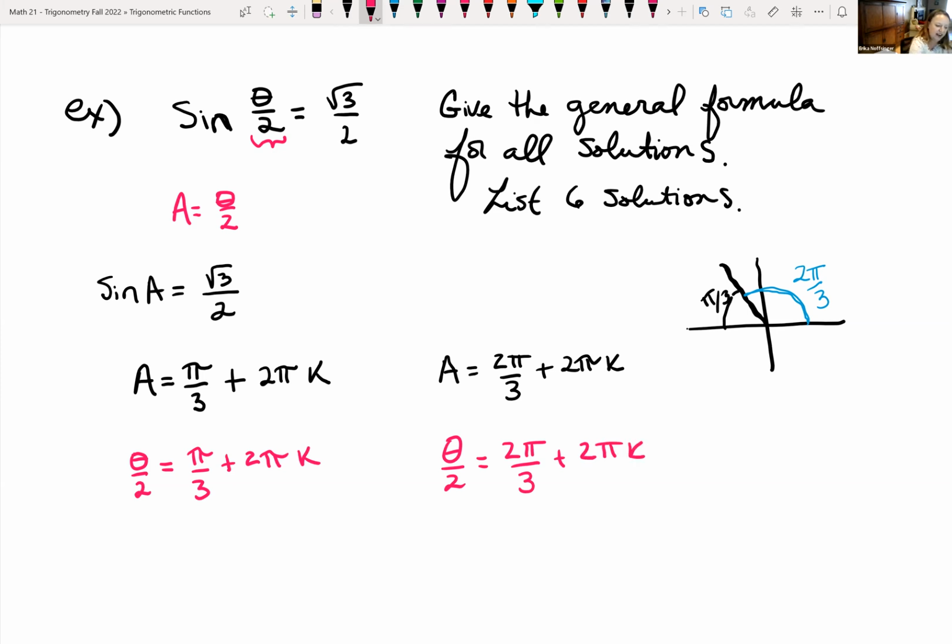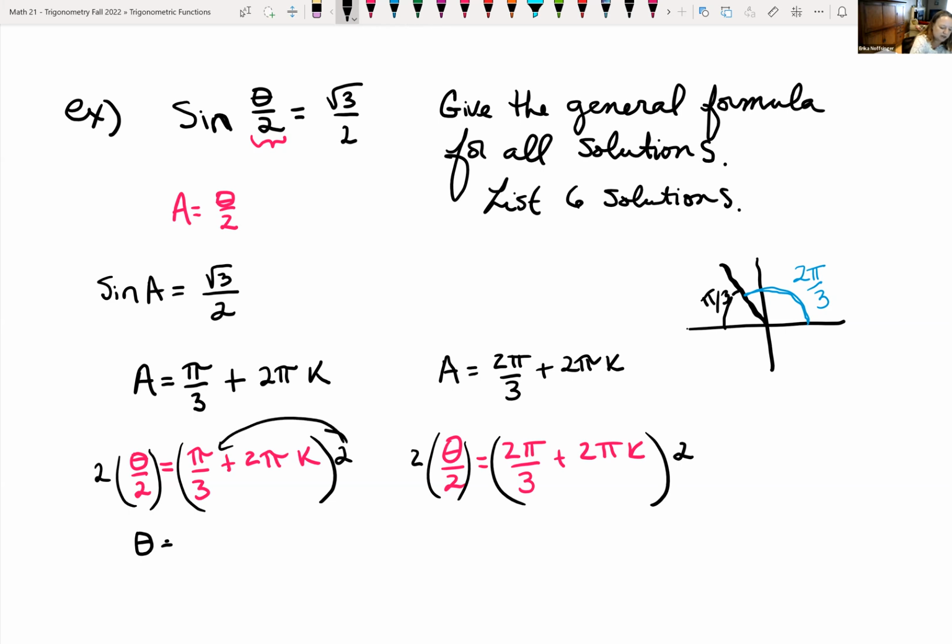So to solve for theta, we can multiply both sides by 2. So 2 times theta over 2 is just theta, is equal to, distribute your 2 on the other side, so 2 pi thirds plus 4 pi k.